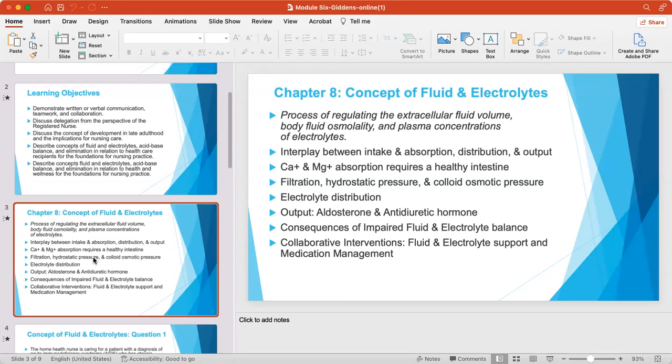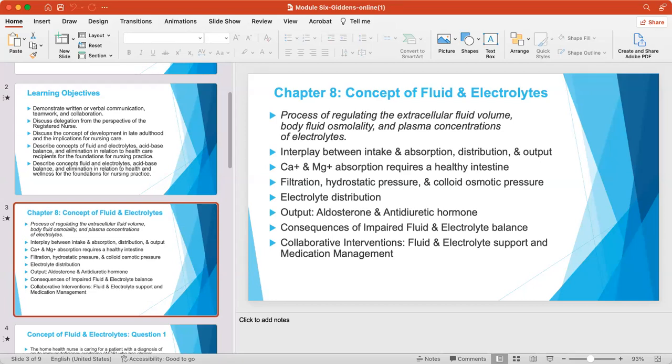These fluid compartments include inside the cells, which is referred to as intracellular, and outside of the cells, which is referred to as extracellular. The extracellular fluid is considered the ECF compartment, and this includes the fluid that is in between the cells.